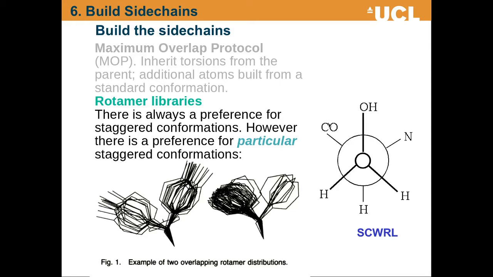But not only do we have a preference for staggered conformations, we also have a preference for particular staggered conformations. So what I've done here on the left is select about 50 tyrosines completely at random from the Protein Data Bank and fitted them on their backbones.